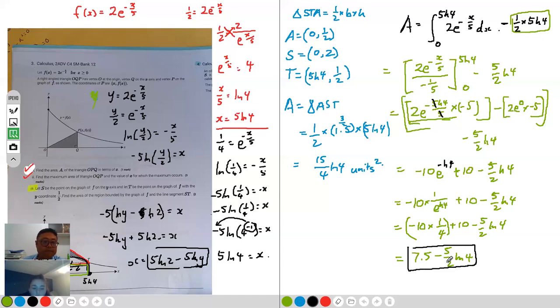Got it? Okay. Yeah. And to find the area of this bit, it would be the area of the triangle minus the area of the black bit. Okay? Yep. So it'd be 15 on 4 ln 4, minus 7.5, minus 5 on 2 ln 4.